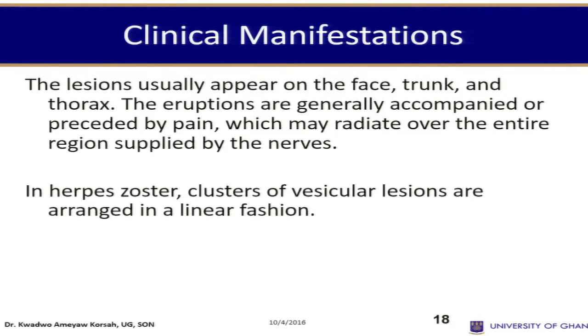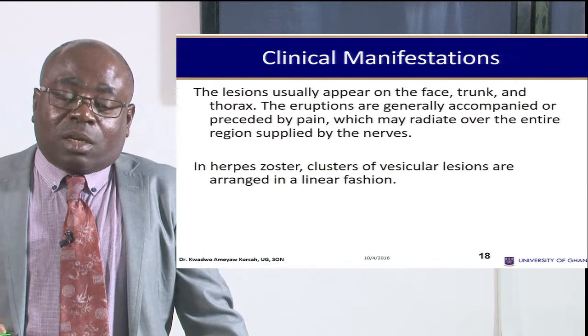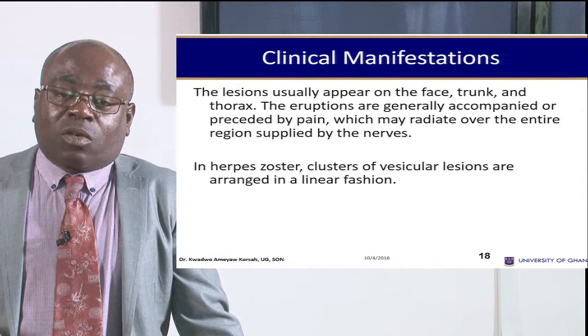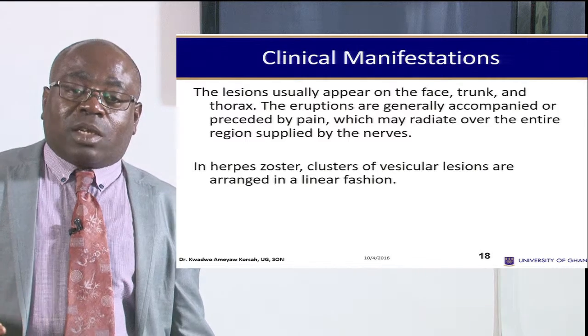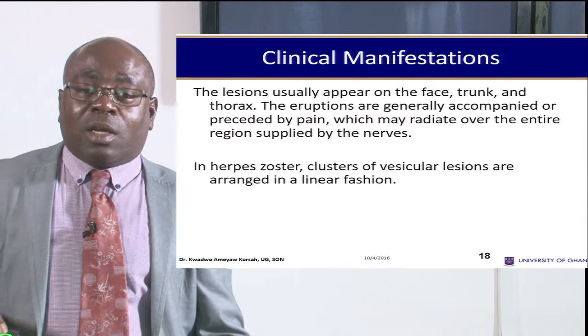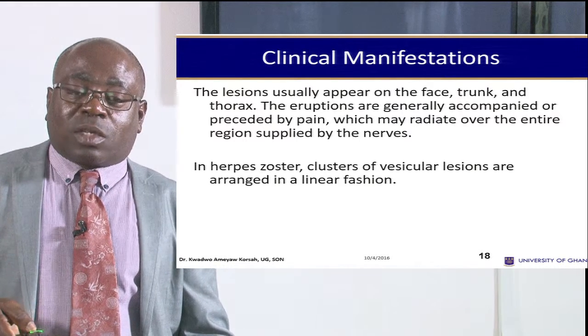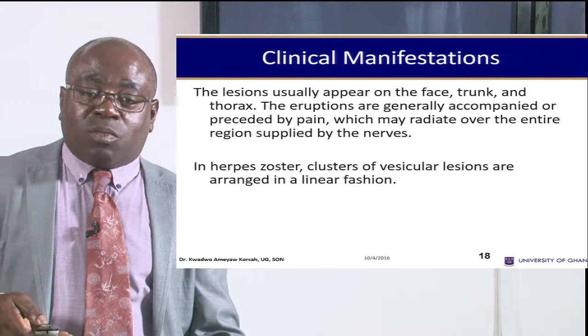What happens is that the person is going off as a result of the primary condition and not the secondary condition. That is why they say that when it crosses the midline, then the person will die. It's not the zoster which is killing, but the primary condition which has rendered the person's immune system lowered.